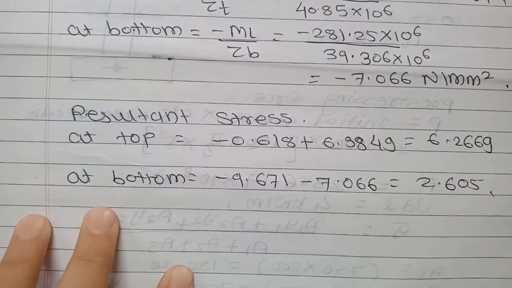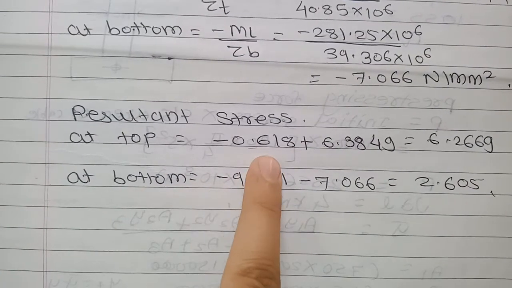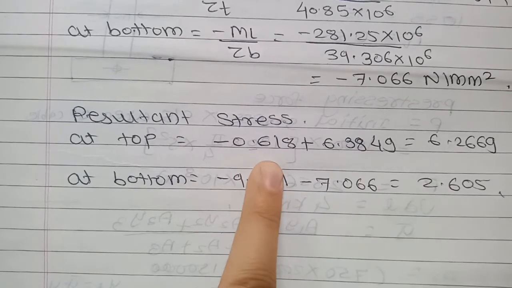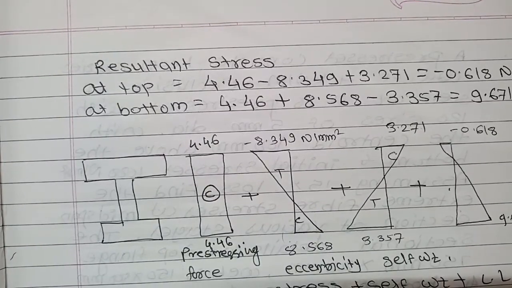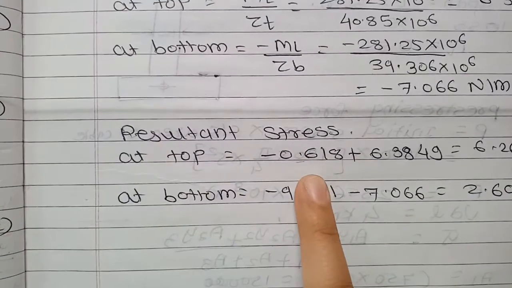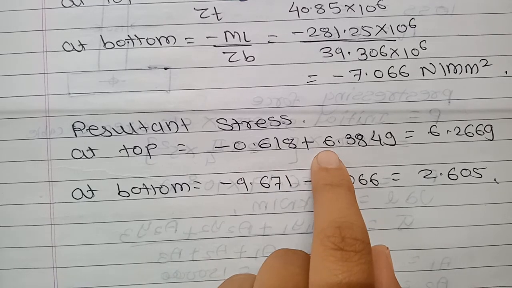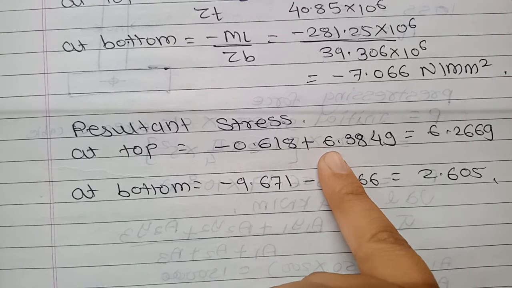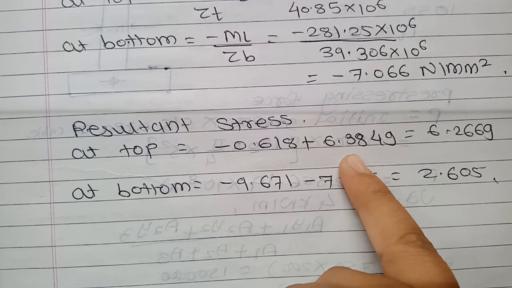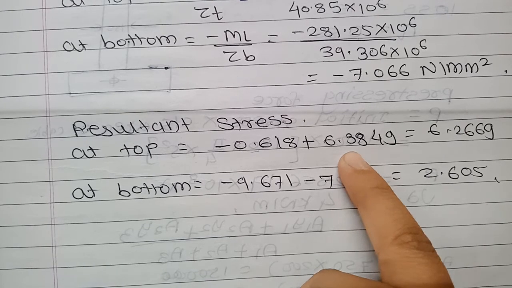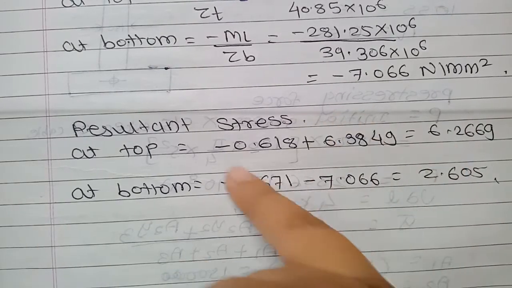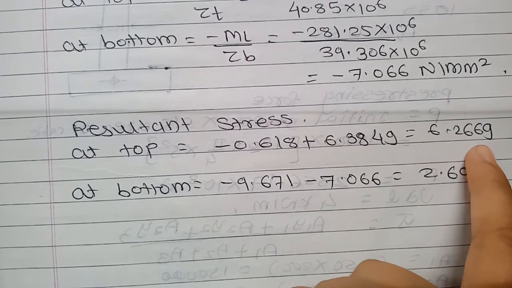Now resultant stresses for case 2. In case 1 we found total resultant stress, that is minus 0.618. In case 2 just live load is added, hence previous resultant stress plus live load is case 2. Hence live load is added, that is 6.3849. If we add this, we got 6.2669.